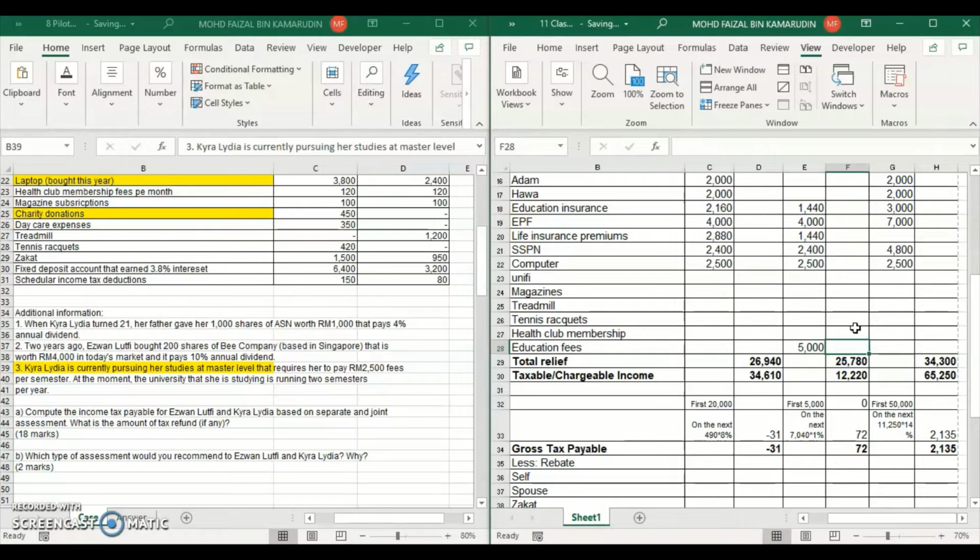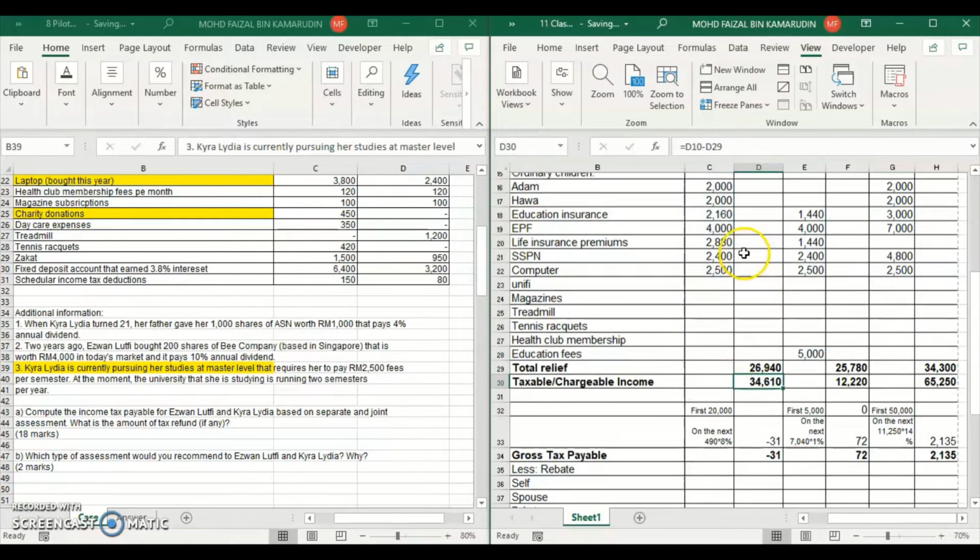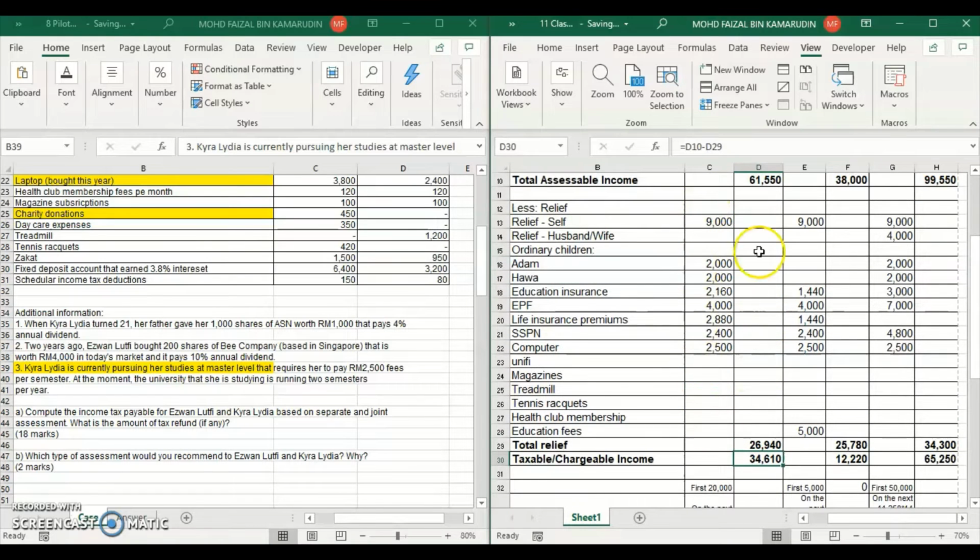So let's check what we have done. This is what we call total relief. Everything here is called total relief, and this is the amount for S1 and for Kyra, and the total they get is this one.